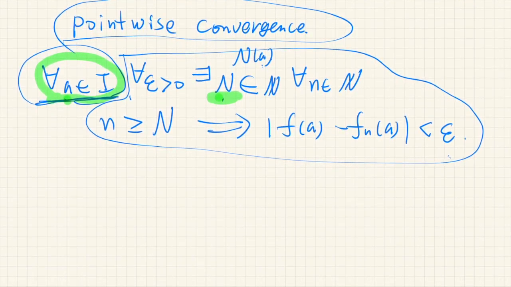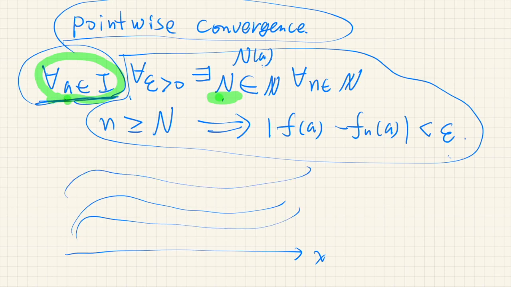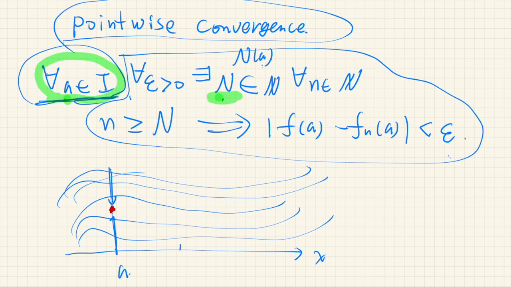So suppose we have a sequence of functions, so there are lots of functions. And at each point A, these numbers may converge to some number. So let's write this as this. And at another point, these values may converge to another value. So by connecting this, we have a function, something like this maybe. So that is f of x.